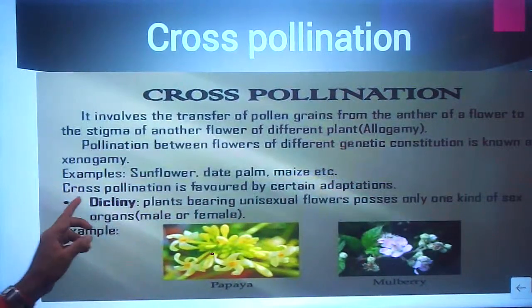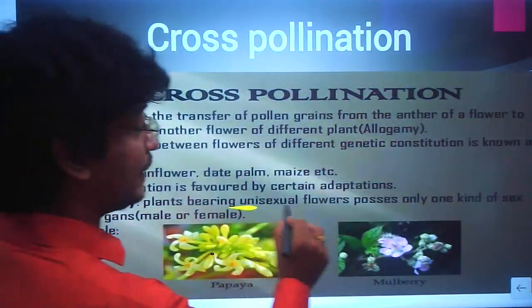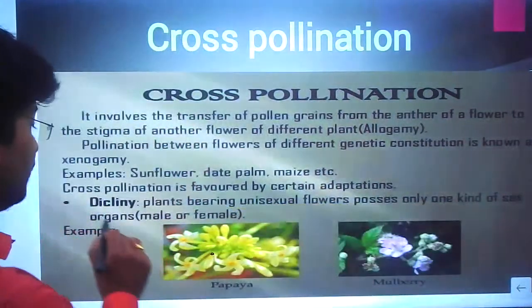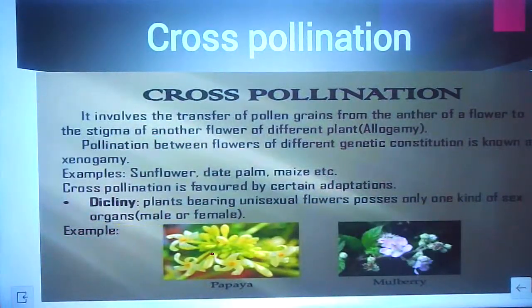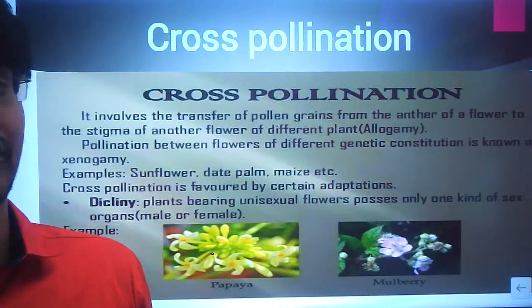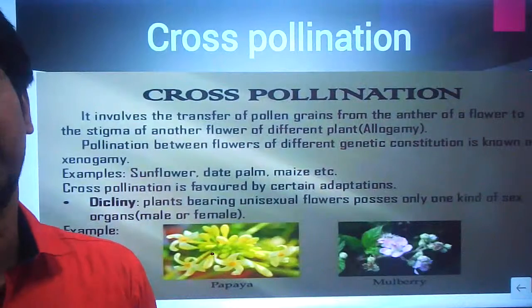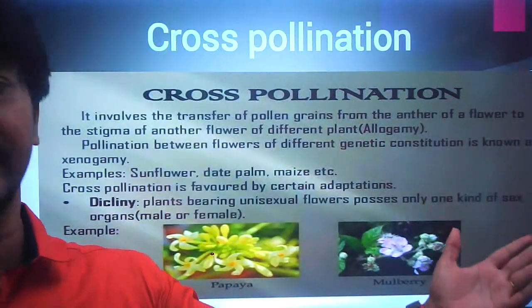Then you could see cross-pollination is favored by certain adaptations, where you could see diclinism, where the plants bearing unisexual flowers possess only one kind of sex organs. Like in the case of papaya, where male flowers are separate, and the plant is also separate. In this case, definitely it should go only with cross-pollination, because the male is somewhere else and the female is somewhere else.